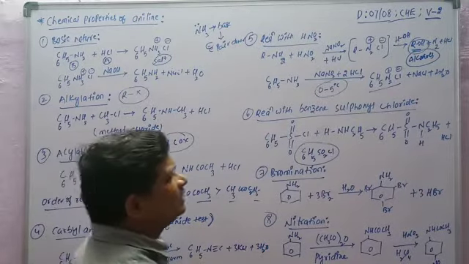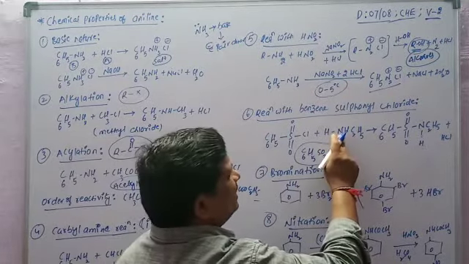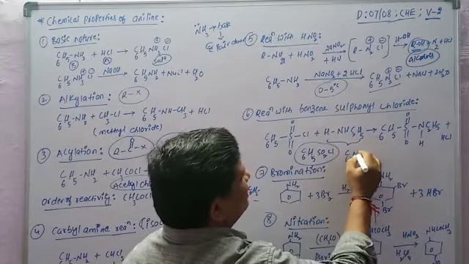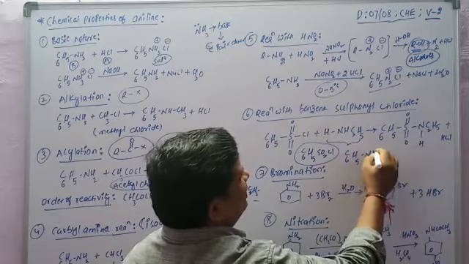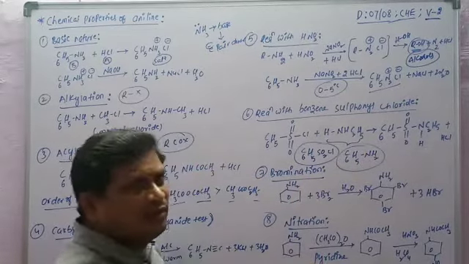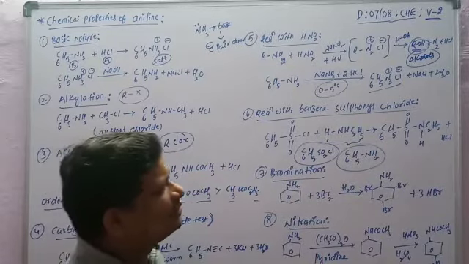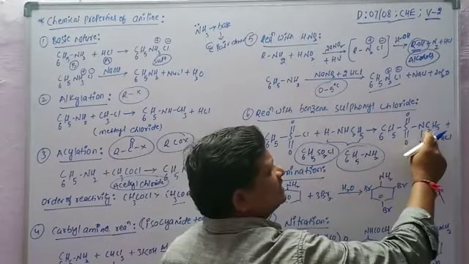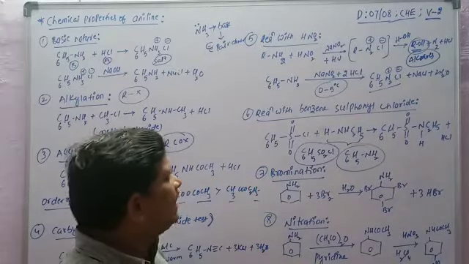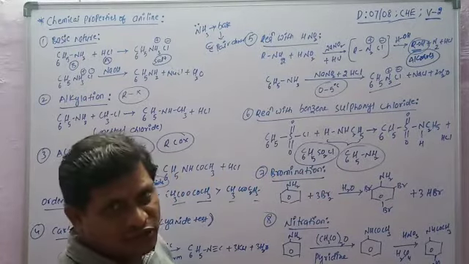Then it reacts with C6H5NH2, and gives benzene sulfonamide compounds plus HCl.